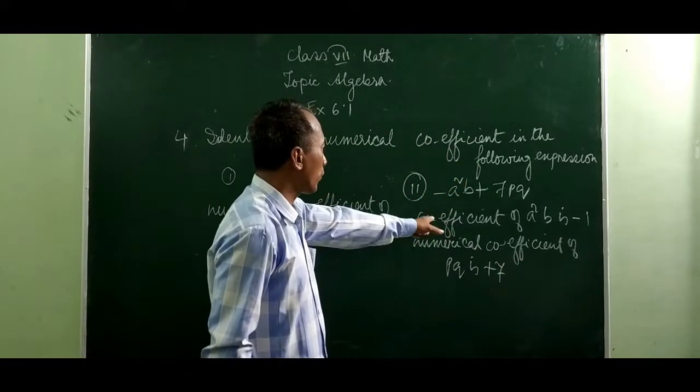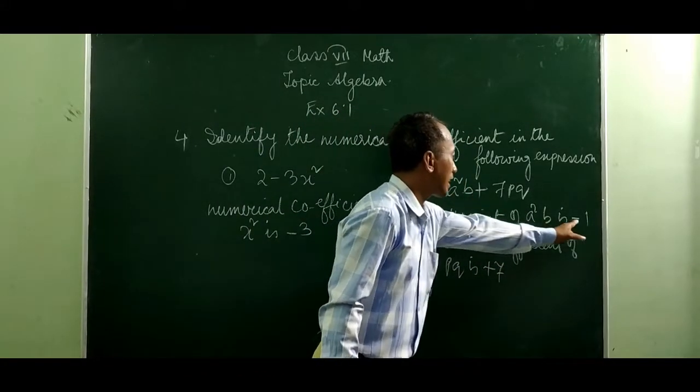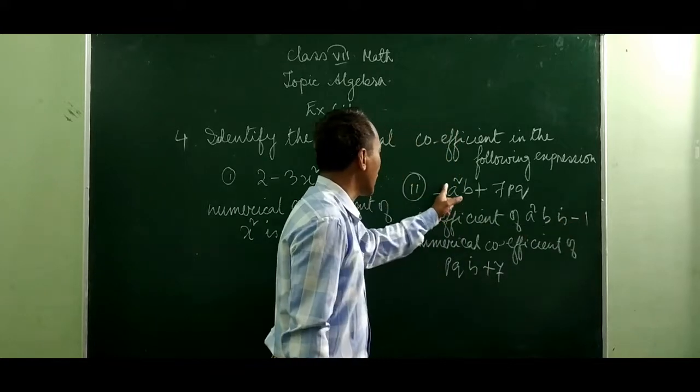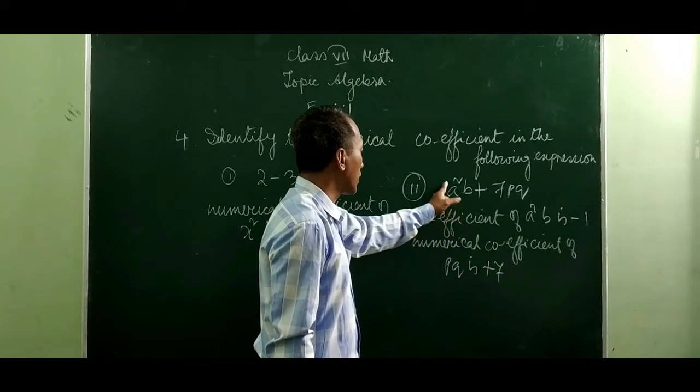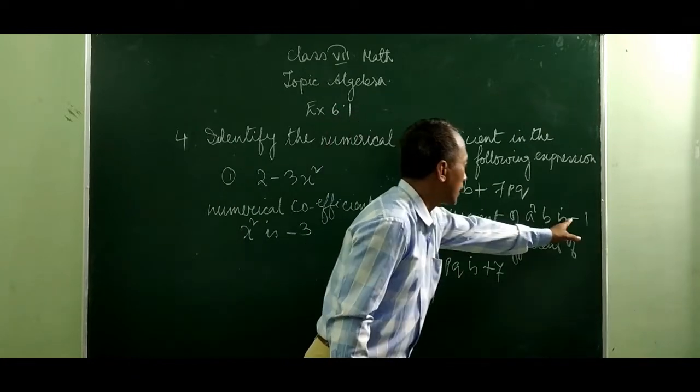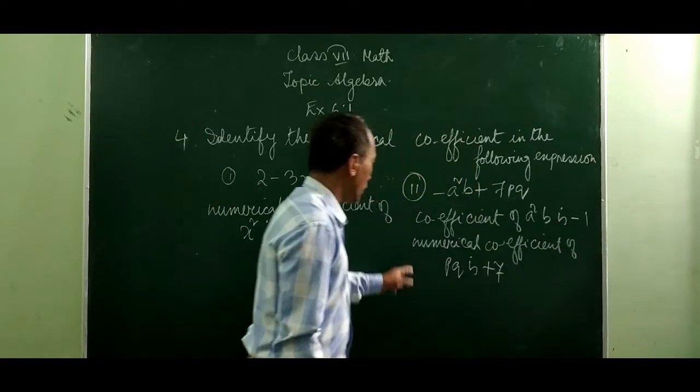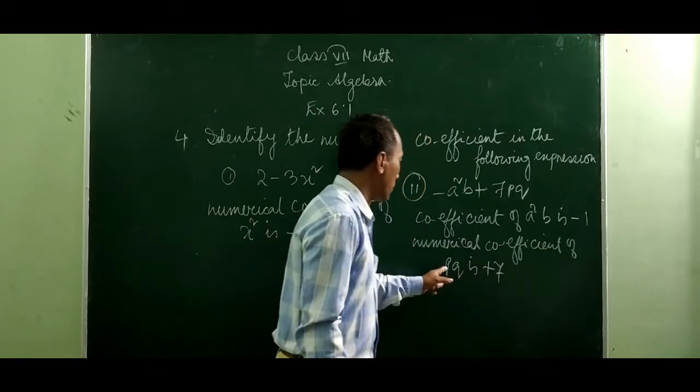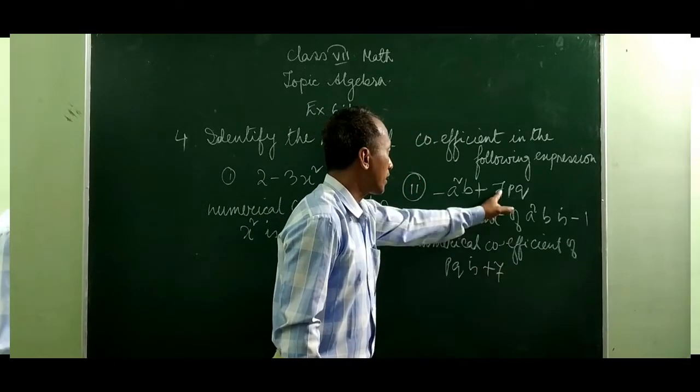Minus 1, 1 is not written, so we assume that if nothing is there, then it is 1, so minus 1. So numerical coefficient of pq is plus 7.